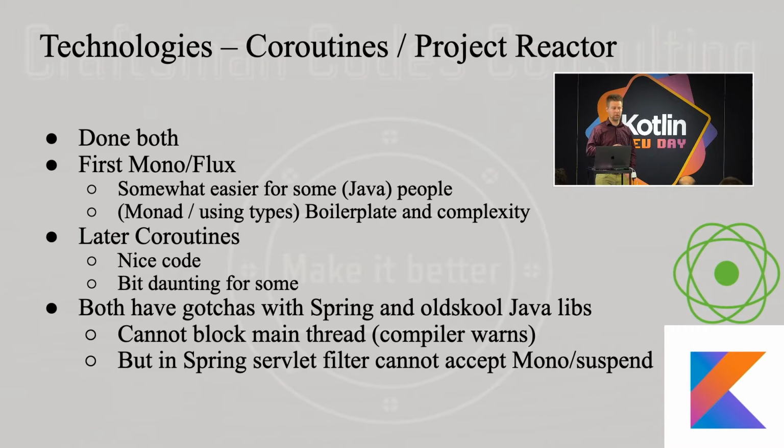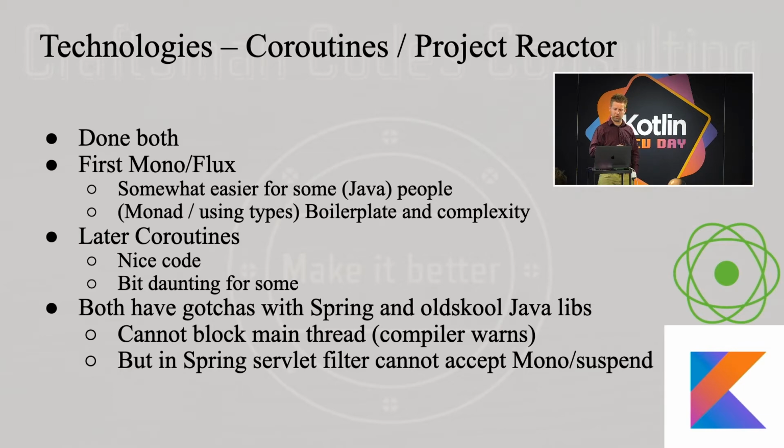So you need to have a good argument about this and make a lot of people happy, so that they know coroutines are very nice to work with. Both have very weird gotchas, and even though Kotlin promises to have full interop with Java, some stuff doesn't work, and you need to figure out how to work around this.